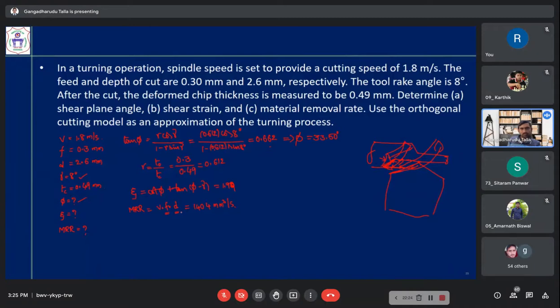Okay, you have to understand, whenever no information is given, or we cannot find any information regarding the principal cutting edge angle, that is assumed to be 90 degrees in pure orthogonal cutting. Okay, that means we are doing some operation like this.